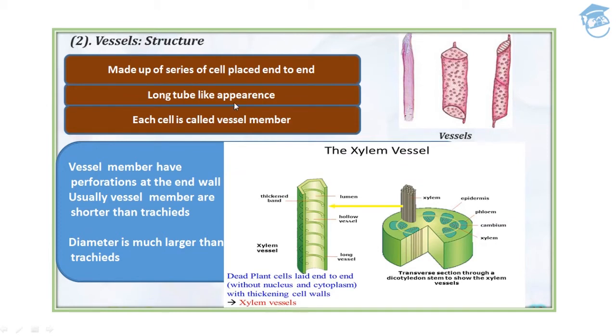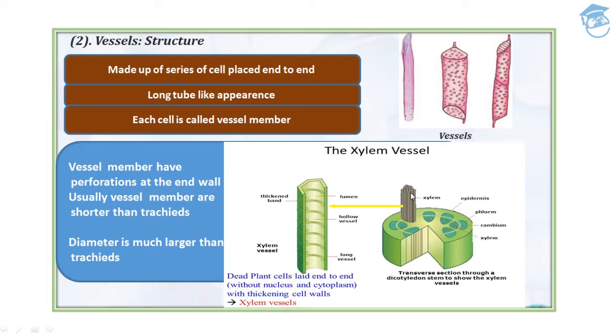It gives a long tube-like appearance, as you can see in the diagram, and each cell is called a vessel member. Vessel members have perforations, that means many pores at the end wall. Usually vessel members are shorter than tracheids, and the diameter is much more than tracheids.